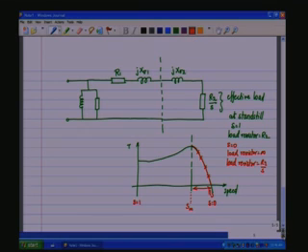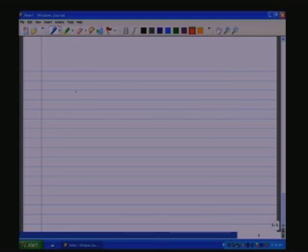So the final equivalent circuit is like this. We have JXM. I will write all those things later. We have R1, and this.